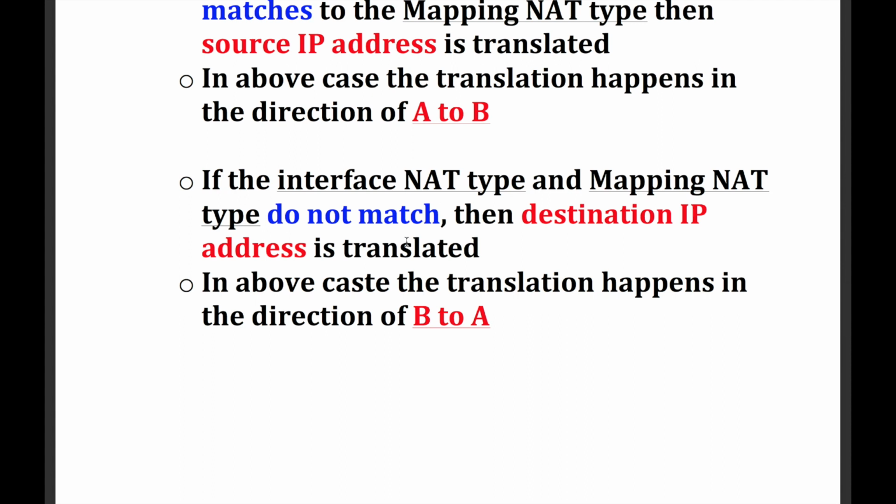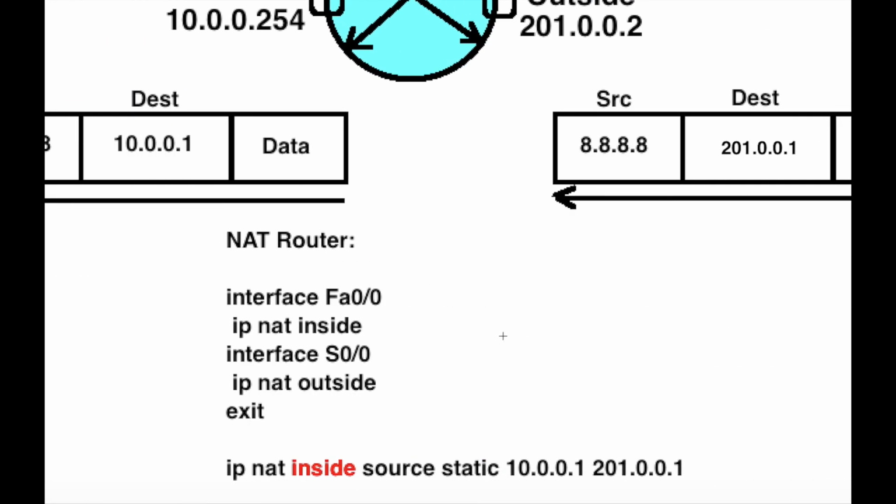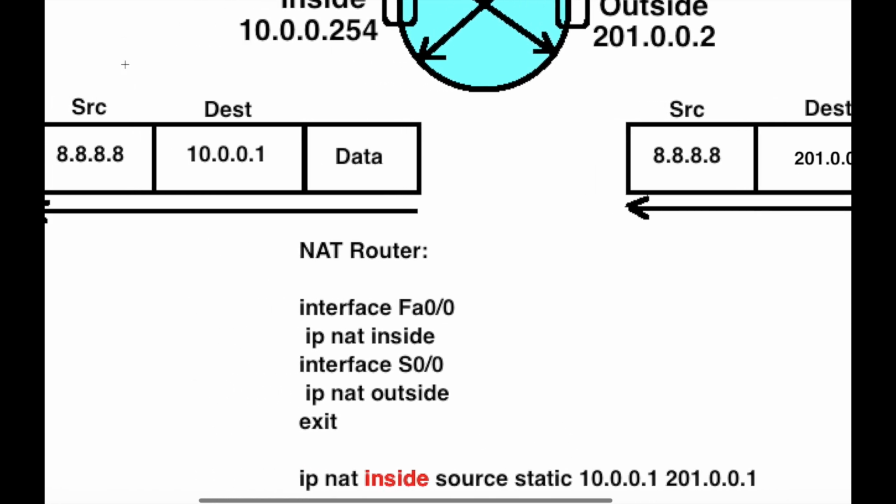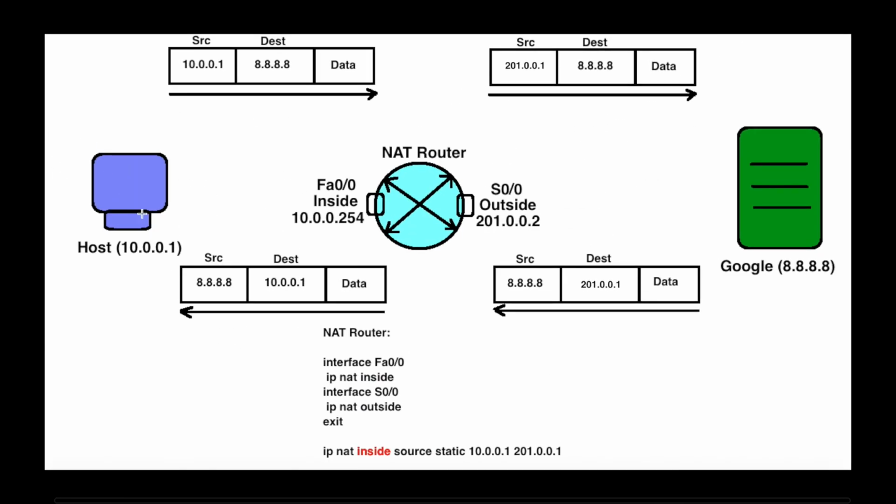When the interface type and the mapping type do not match, the destination IP address is translated. But the catch is it's B to A. The destination IP address, 201.0.0.1, will be translated from B to A, that is, to 10.0.0.1, and the packet will go to the host router. If you remember this rule, most of the NAT concepts will be very clear.